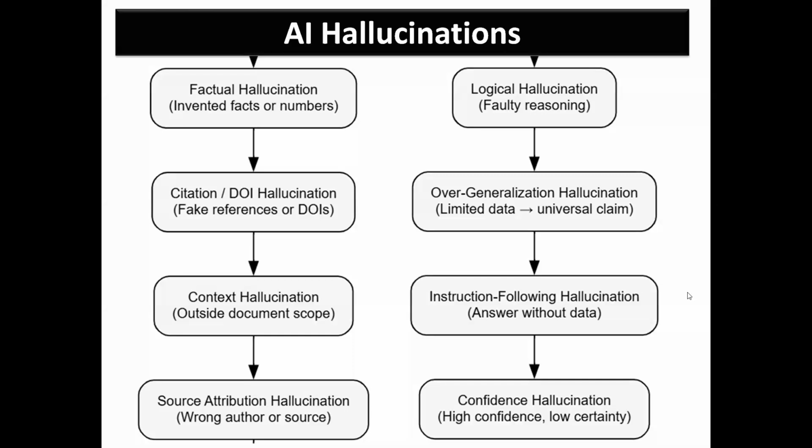When I show you the demo, you will see what hallucination actually is. The major point is that we must use AI for our research work, but with checking of each and every piece of content, whether it is okay or not.